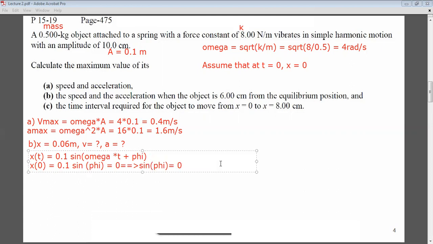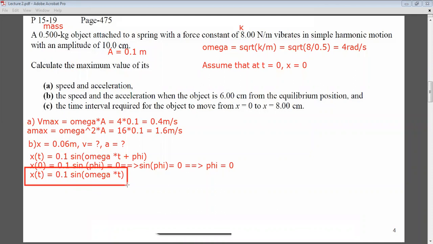This happens for the first time at phi equal to 0. Notice now I am no longer confused whether I have to choose plus pi over 2 or minus pi over 2. I have one straight answer, phi equals 0. So x of t is equal to 0.1 sine omega t. Okay, this is now the equation we will follow.